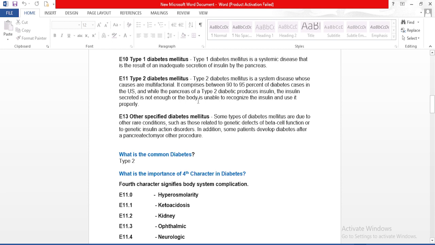So what happens here, in the E10 series, the pancreas will not produce any insulin. But in the E11 series, the pancreas produces insulin, but that is not sufficient to run our body.